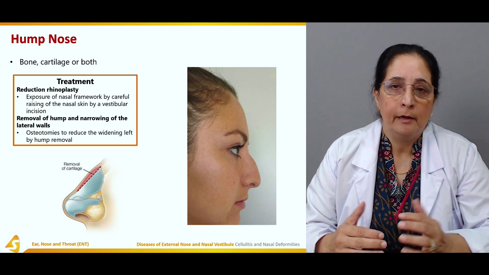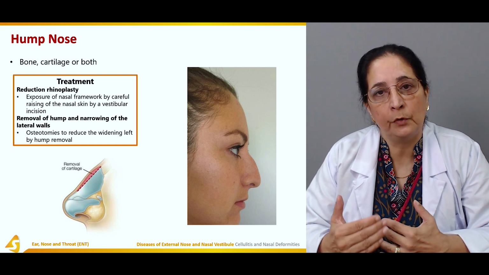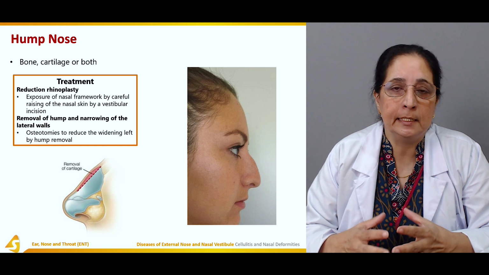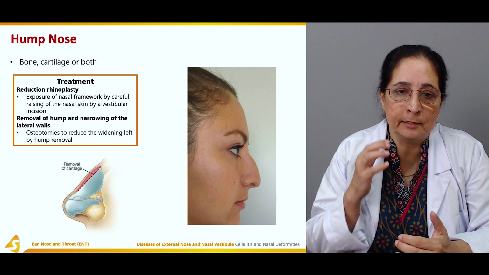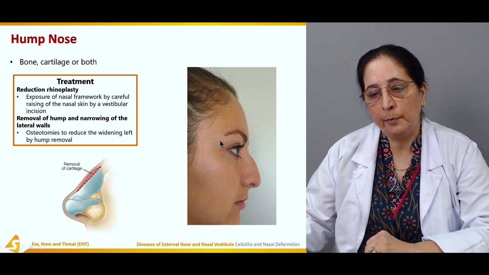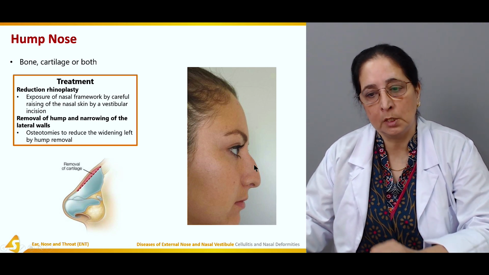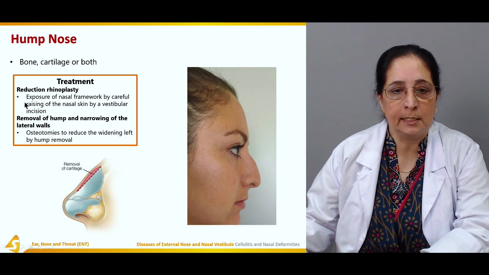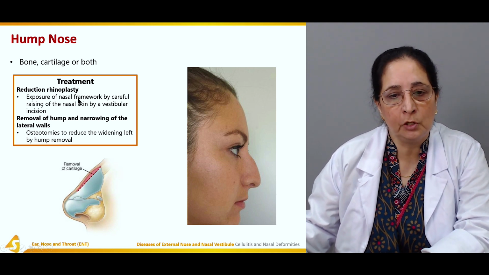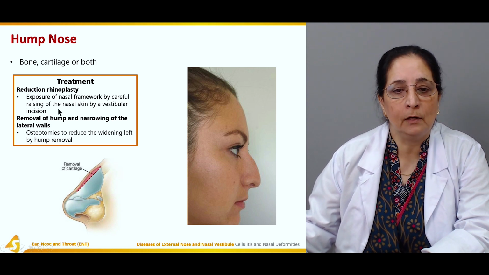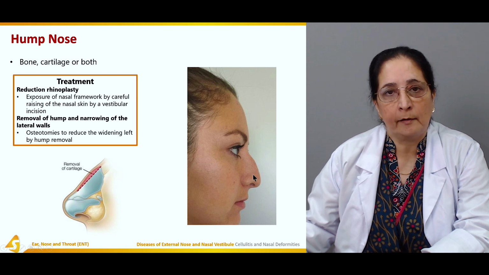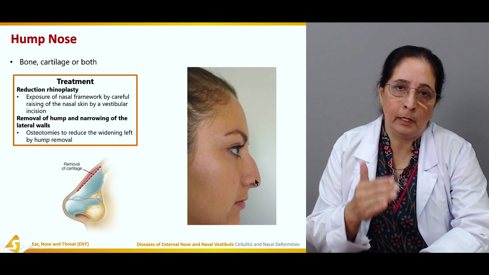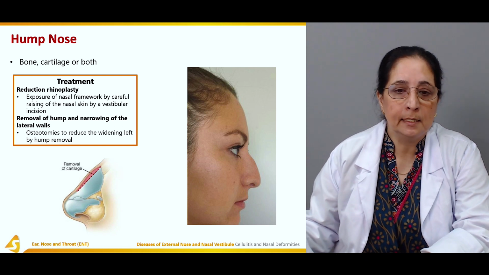Rhinoplasty is the repair. Rhino is the term used for the nose. Plasty is the repair. So reduction rhinoplasty, in which there is reduction done to remove this hump of the nose. So reduction rhinoplasty, in which there is exposure of nasal framework by careful raising of the nasal skin by vestibular incision. So raising of the skin and exposure of the nasal framework.